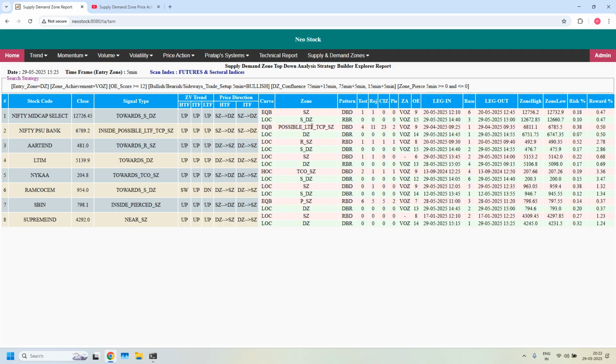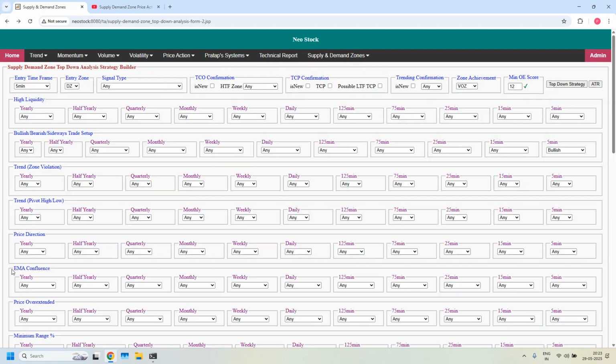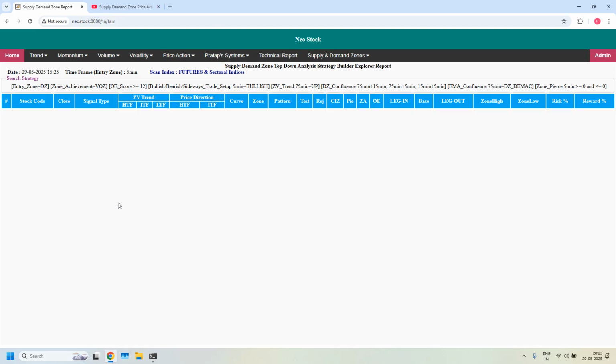Both together again overlapped with the 75 minutes demand zone. And in some of the stocks, the 75 minutes trend is uptrend. So let's verify on those stocks. In the EMA at 75 minutes time frame, we are checking whether the 75 minutes demand zone has daily EMA confluence or not. At the same time, trend on the 75 minutes should not be sideways. It should be uptrend because it is a bullish trade setup. So none of the stocks are having EMA confluence. Without EMA confluence, we can't confirm their success.